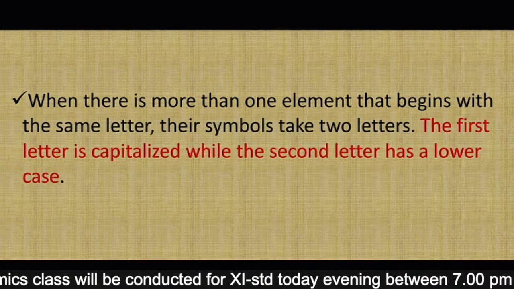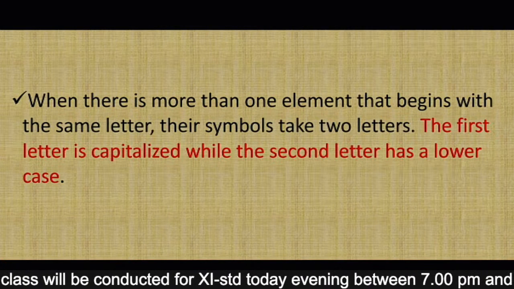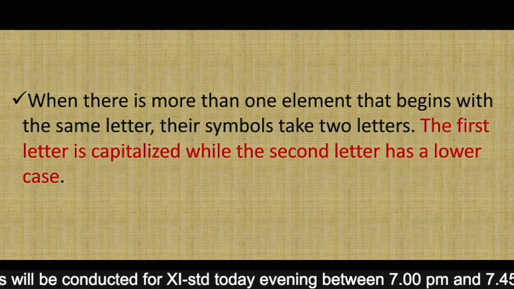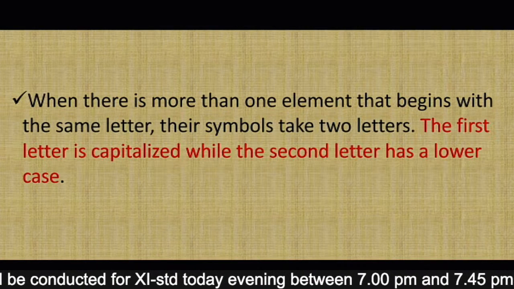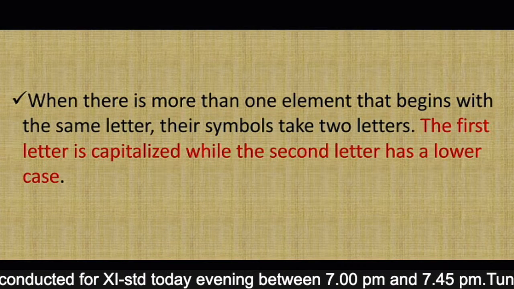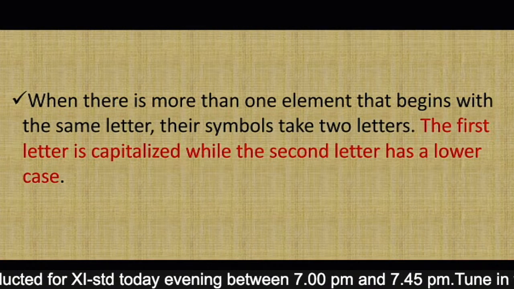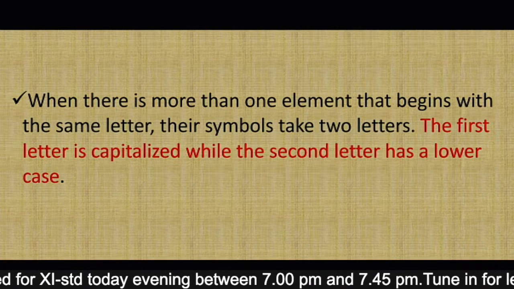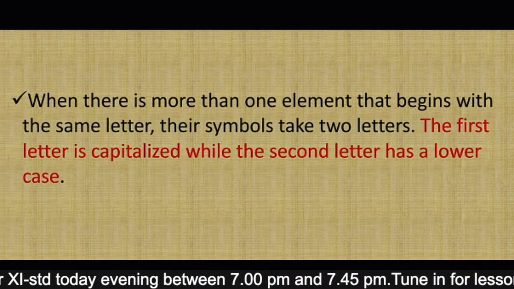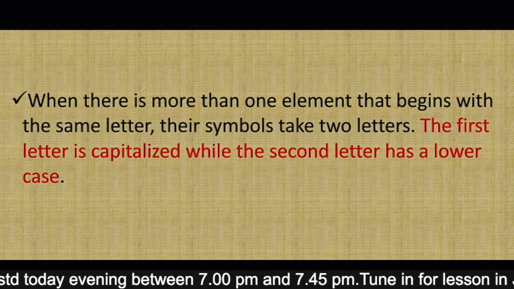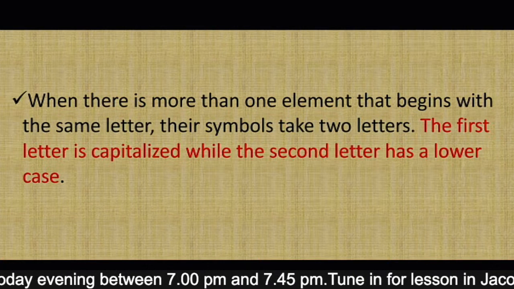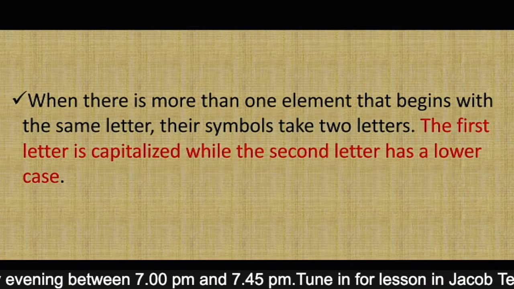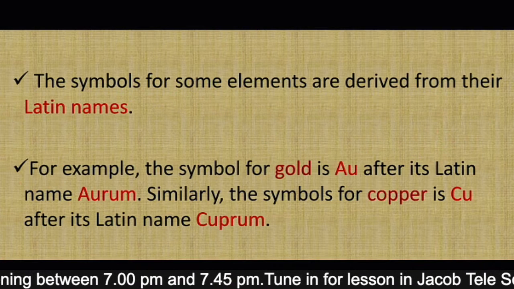Okay? Next rule. When there is more than one element that begins with the same letter, the symbols take two letters. The first letter is capitalized while the second letter has to be lowercase. Okay? The first letter must be capital and the second letter must be a small letter. Okay? Next rule.